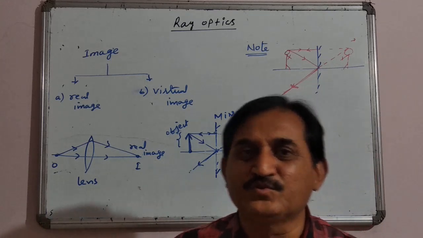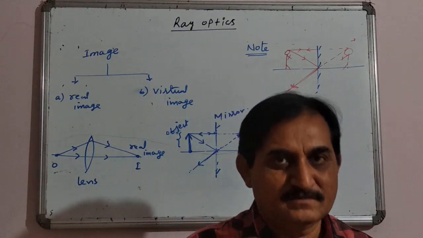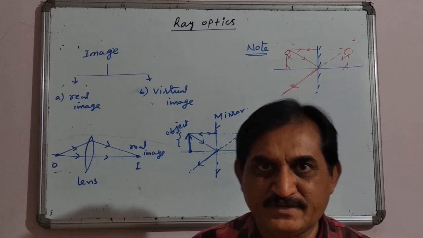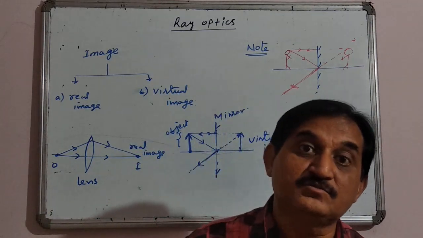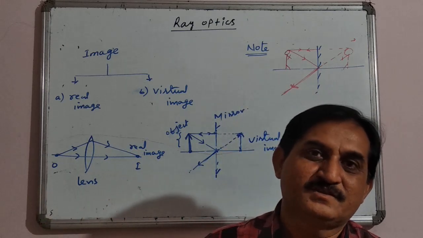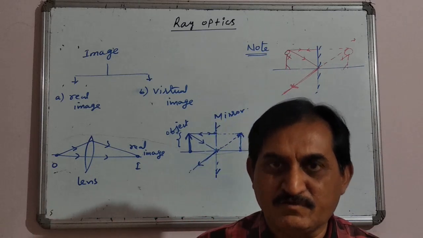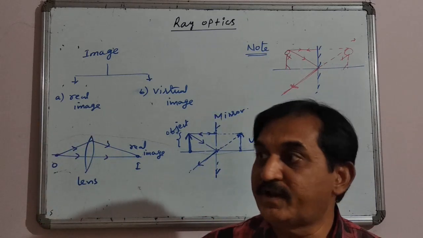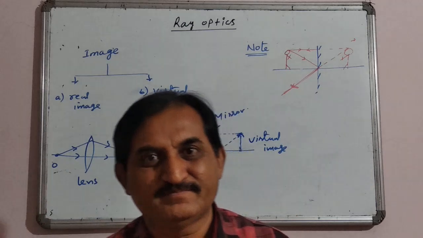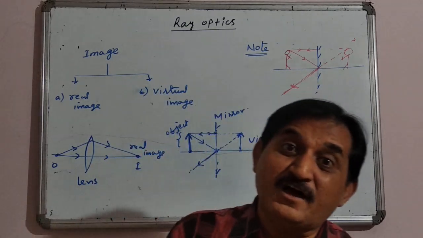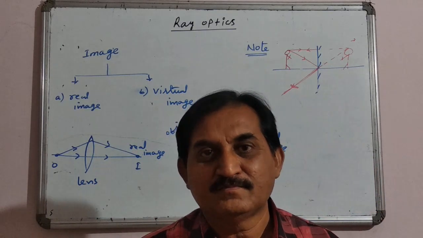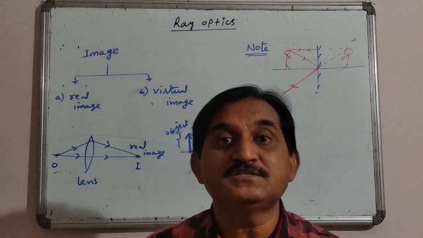Students are often confused. The statement that a plane mirror is always giving a virtual image is wrong. A plane mirror will also give a real image. How? It depends on the kind of object. If the object is real, definitely your statement is correct: for a real object, a plane mirror is giving a virtual image. A real image is possible when the object is virtual.